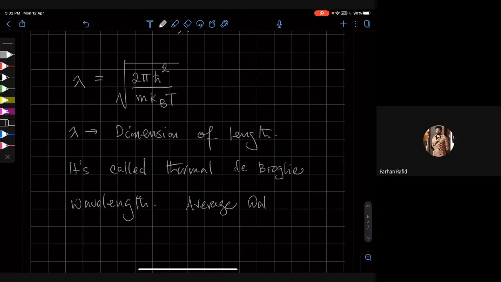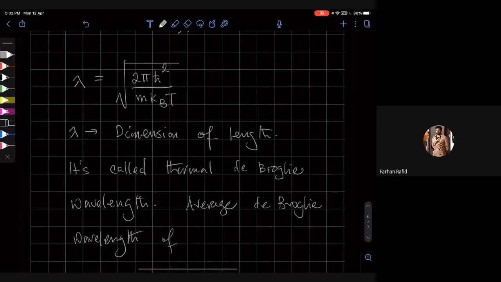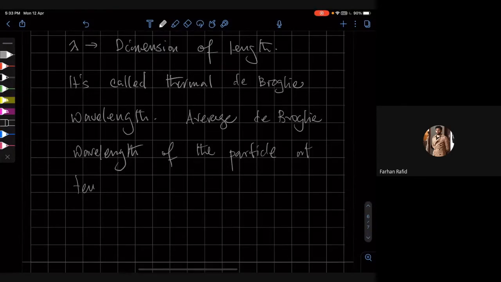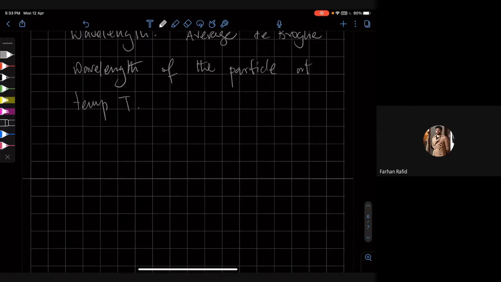Or the average de Broglie wavelength of the particle at temperature T. Now, some of you may not know what the de Broglie wavelength is, right?